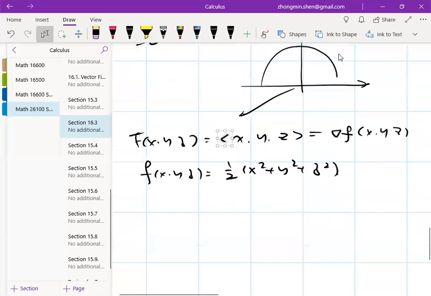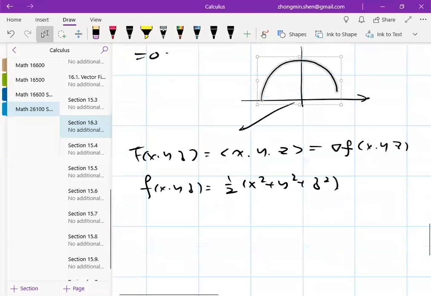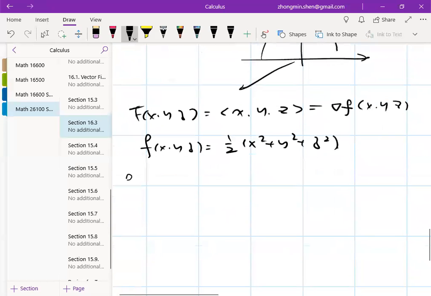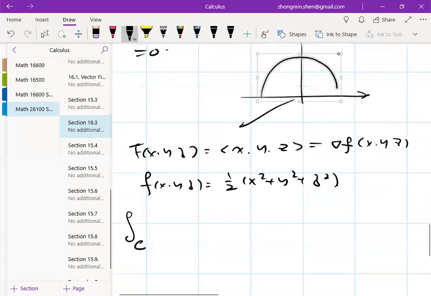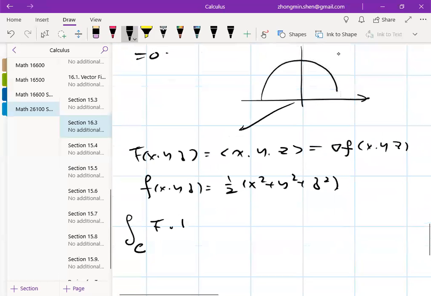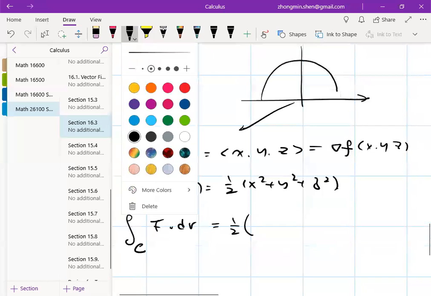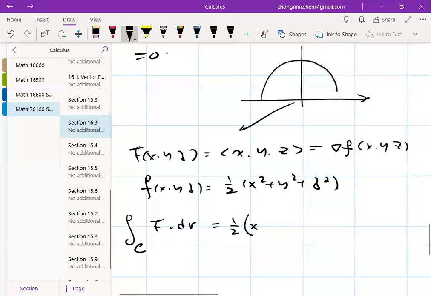All right. So then, according to the above theorem, the integral over C of F dot dr is just the difference of the values at the two endpoints. Okay. So at the two endpoints, this is x squared plus y squared plus z squared.